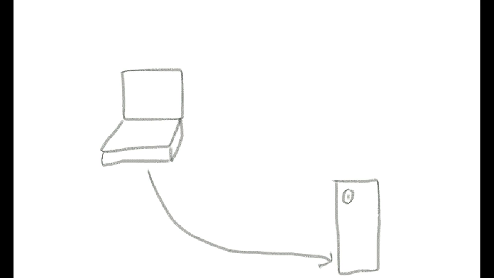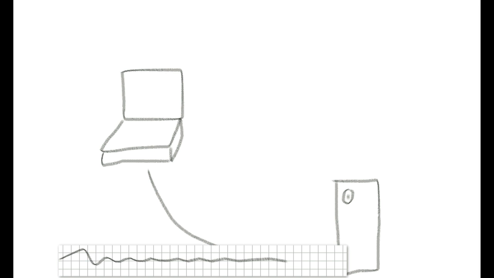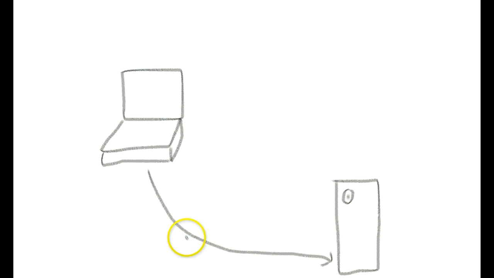Now, the only time computer networking gets complicated is when we start to introduce different things in the middle of the equation to make the communication easier. Let's say, for instance, here we have networking gear, like a router or a switch. That's when computer networking gets a little bit complicated.